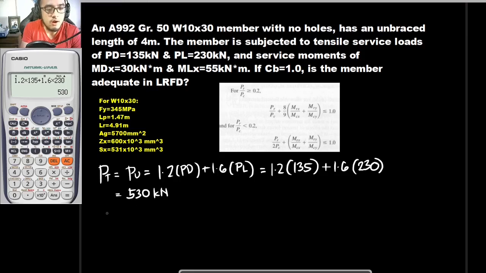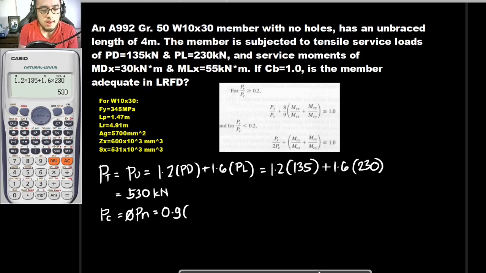And as for our PC, same, it does not have any holes, so our governing factor here would be gross sectional yielding. So for gross sectional yielding, that is to be phi PN. And our value for phi is equal to 0.9, since we are to consider a yielding limit state. And for PN, that is to be FY AG.